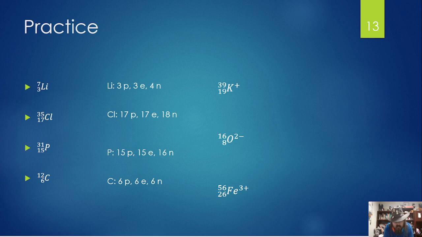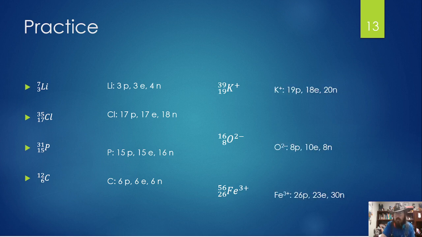Well, we have 26 protons. We have 30 neutrons because 56 minus 26 is 30. And we have 3 fewer electrons. 3 fewer than 26 would be 23 electrons. So that will be where we will stop for now.